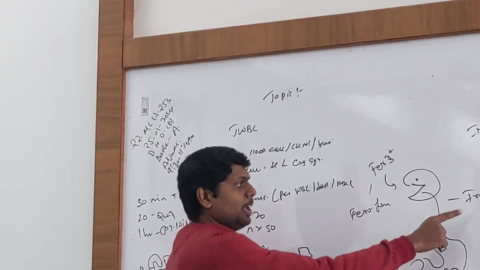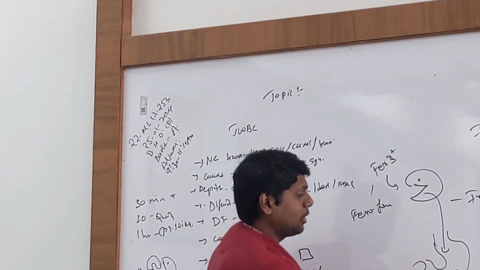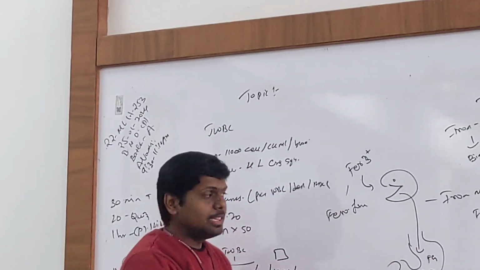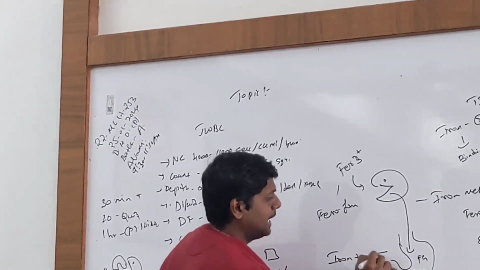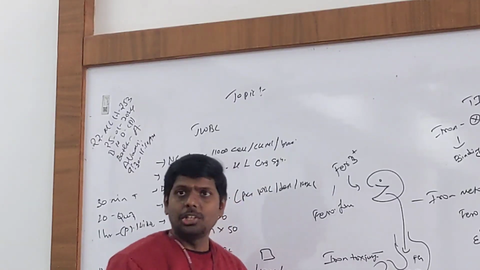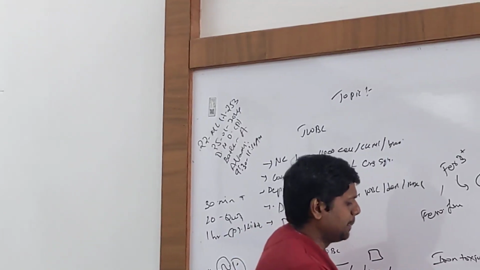Keep in mind, when we are not excreting the iron, what happens? Iron will start accumulating in the body. Iron will be deposited in the body and that will cause iron toxicity, leading to death. What type of death will you get during iron toxicity? Iron will bind with the neurotransmitters.